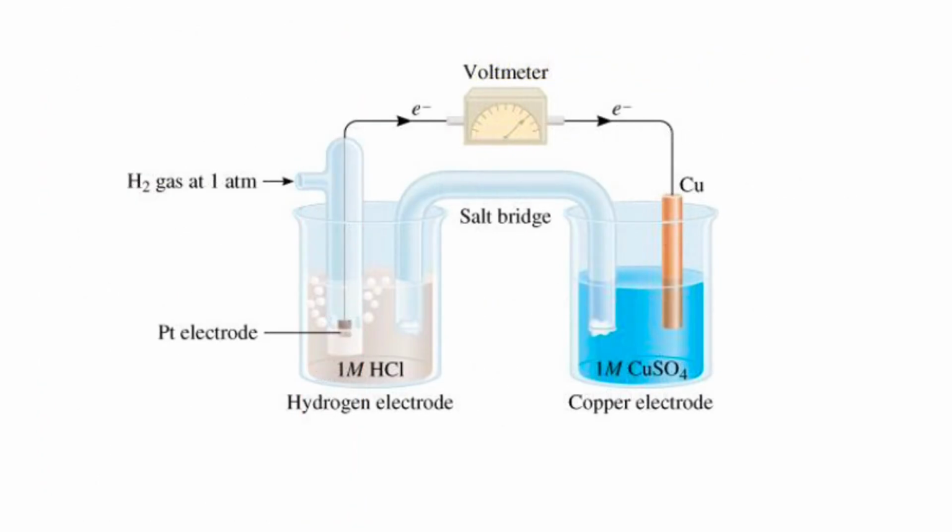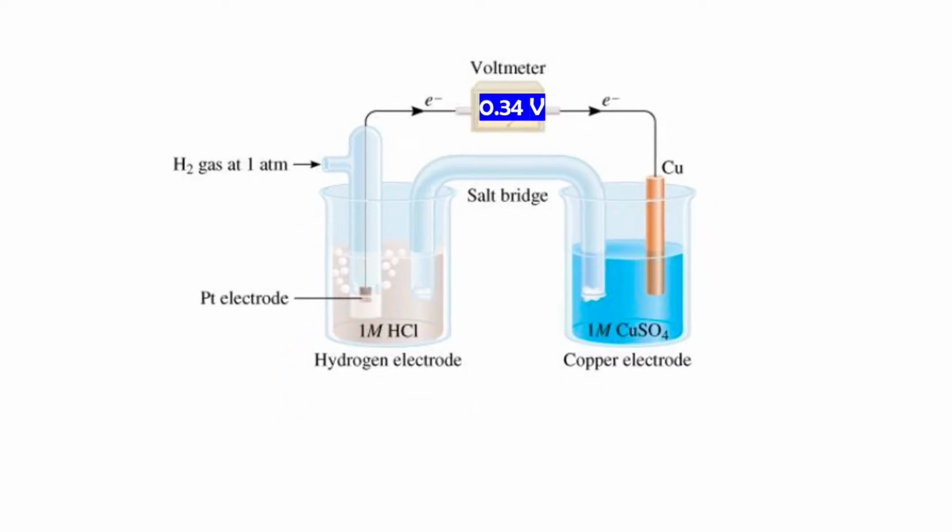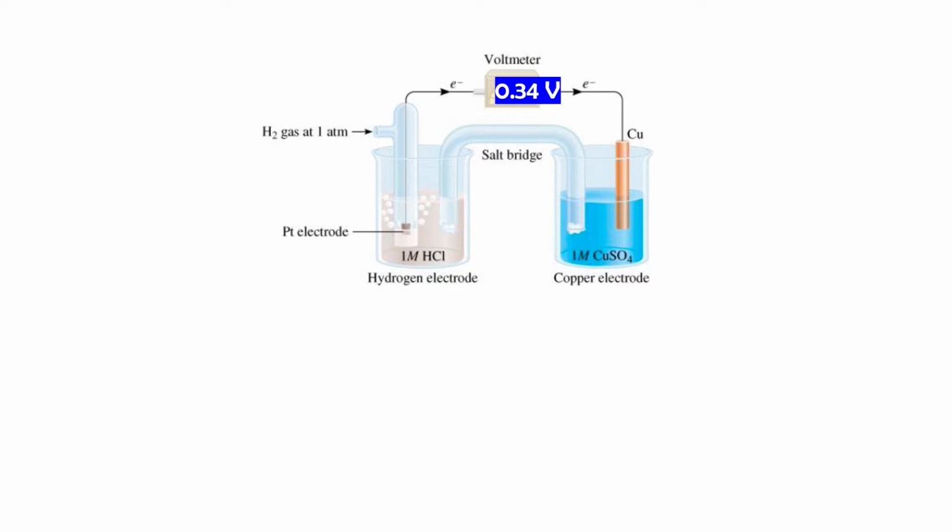This is the galvanic cell where we have the standard hydrogen electrode and also another half cell, which is copper. When we set up the galvanic cell, we measure the cell potential, which is here, by using the voltmeter, and to calculate the standard reduction potential for copper, we have to apply this formula. E naught cell equals E naught cathode minus E naught anode.